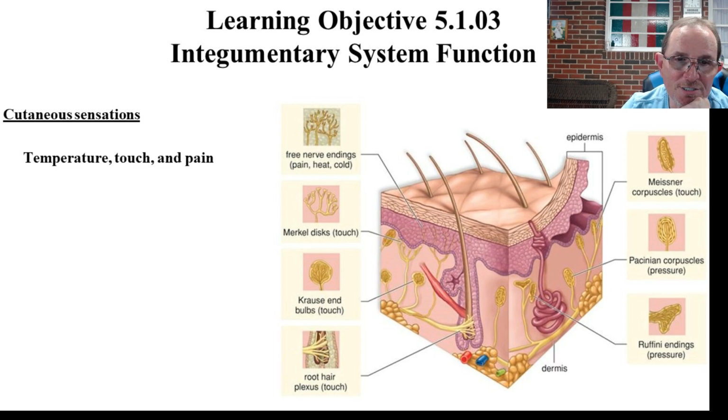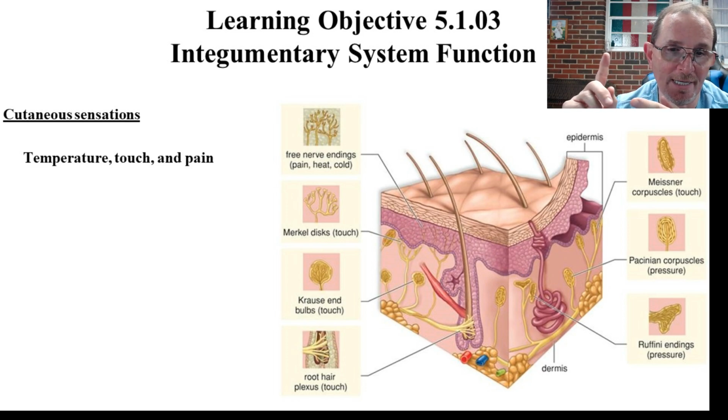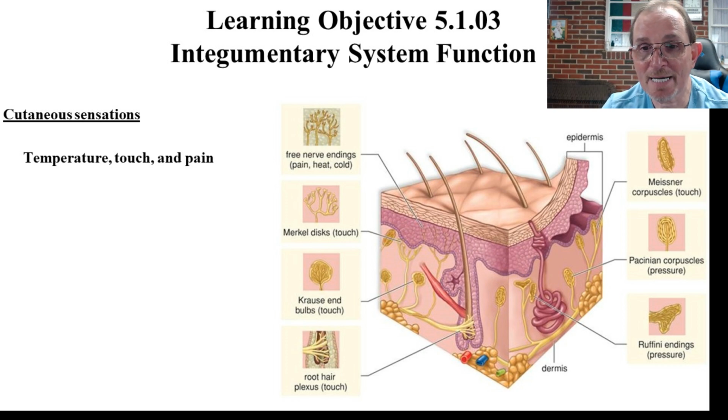Cutaneous sensation. We have sensors on our skin that detect hot and cold and pressure and vibration, and we have pain receptors, and we have receptors on the hairs on our bodies so that if any little mosquitoes touch it, we are immediately alerted so we can get it before it gives us a disease of any kind. Looking on here, guys, there's that root hair plexus.